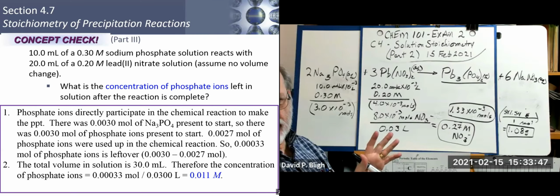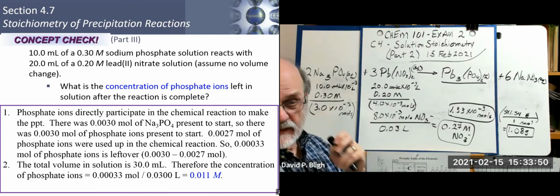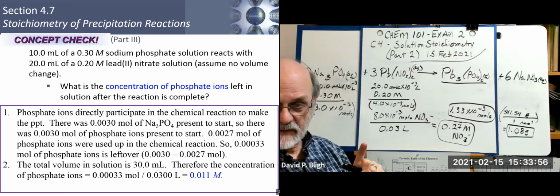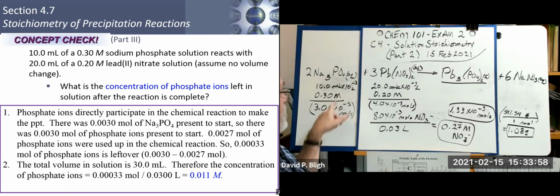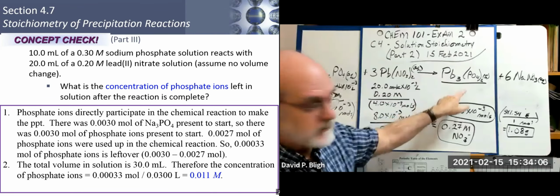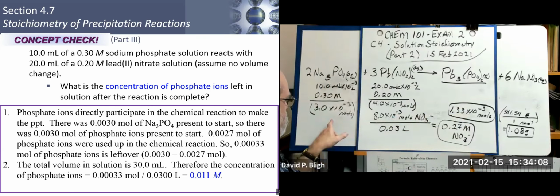This one's a little more difficult. What's the concentration of phosphate ions left in solution after the reaction is complete? Well, notice that phosphate started out here with this many moles, but now it's over here. Some of them are in the precipitate, right? Did we use all of them up, though?